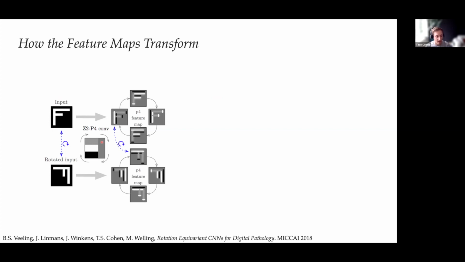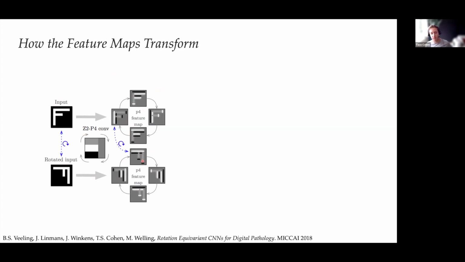We have a filter here, which we convolve with the image to produce one feature map, and then we rotate it, produce another one, another one, and another one. And of course, we can do the same for the rotated image. And then again, you see that the way the 2 stacks of feature maps are related on the top and bottom is that each channel is rotated and the channels are cyclically shifted.